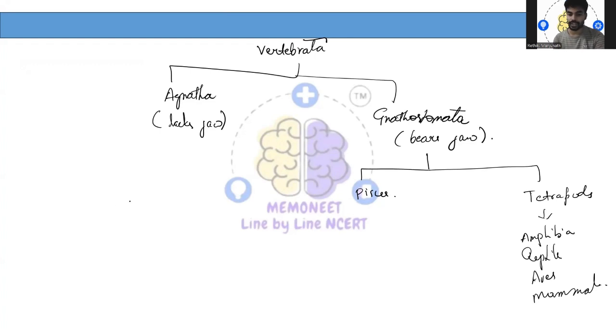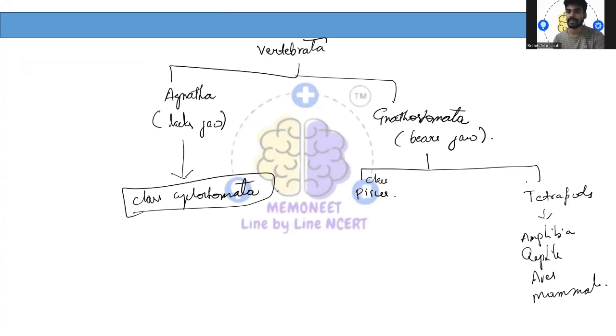So in Agnatha you'll see the class Cyclostomata. Here you will see the class Pisces or fishes, and in tetrapods you'll see the classes amphibians, reptiles, aves, as well as mammals.